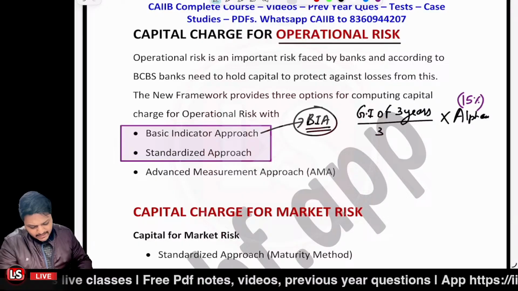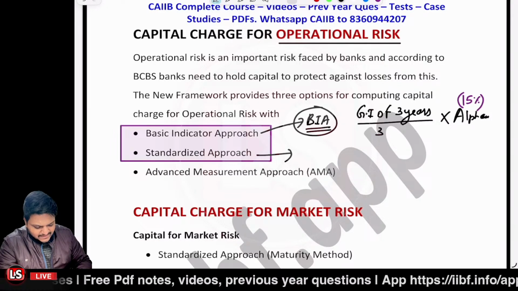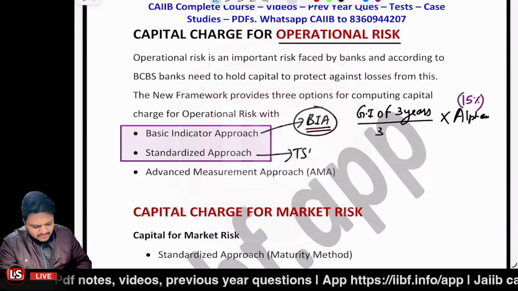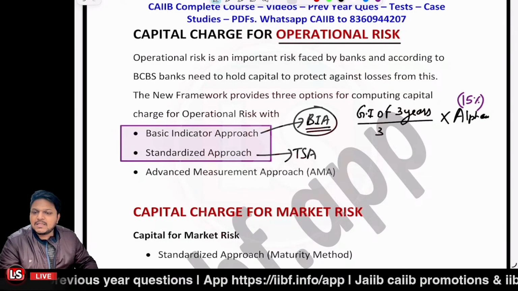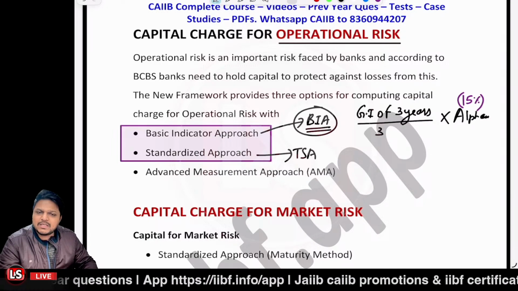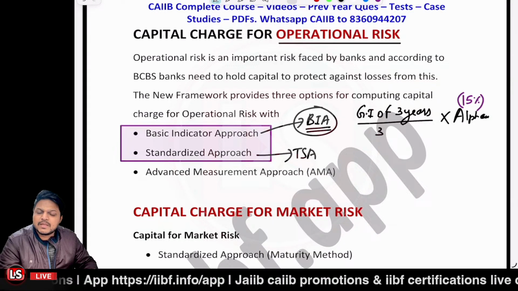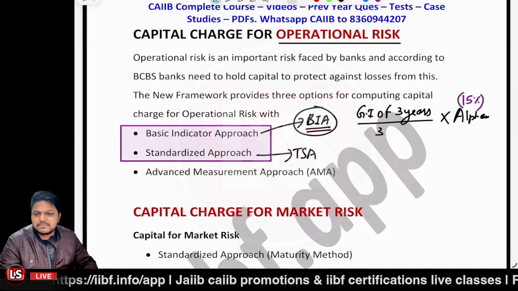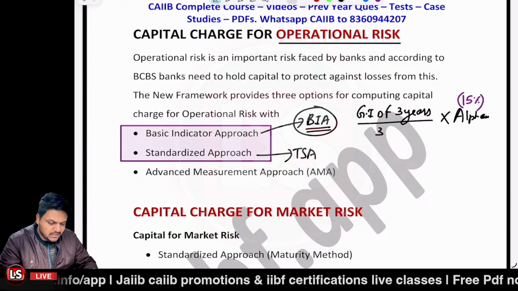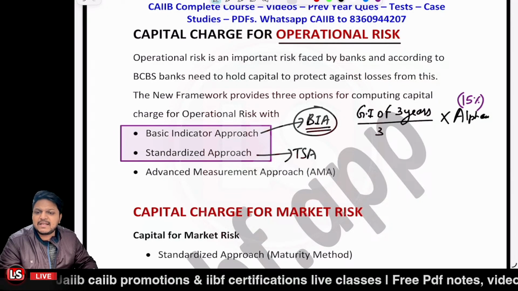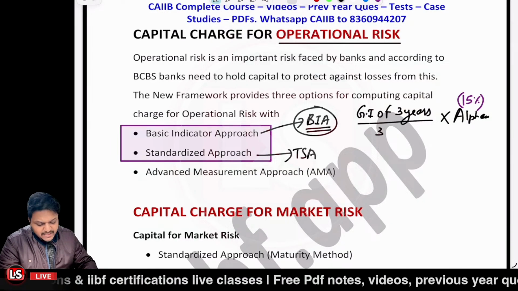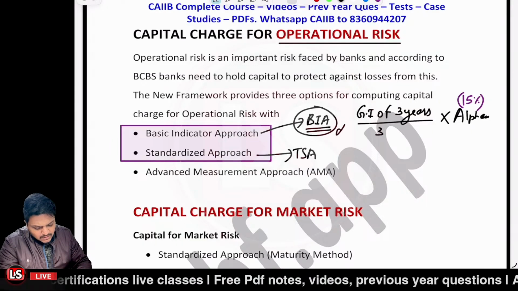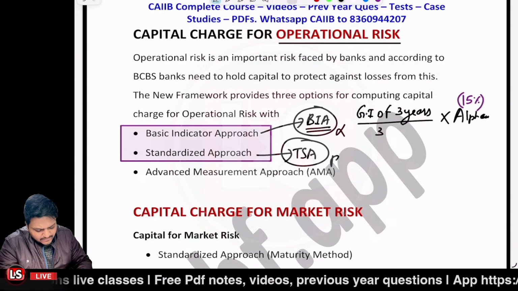And the second one is related to the standardized approach, or SA, or TSA. In this scenario, we are given 8 different business lines, and each and every business line is having a beta associated with it. In case of BIA, we are having the alpha, but in case of the TSA, we are having the beta.